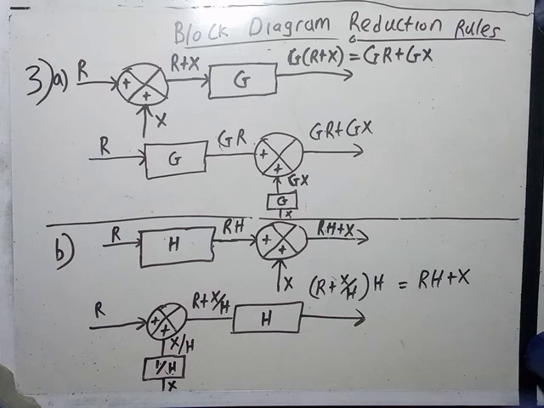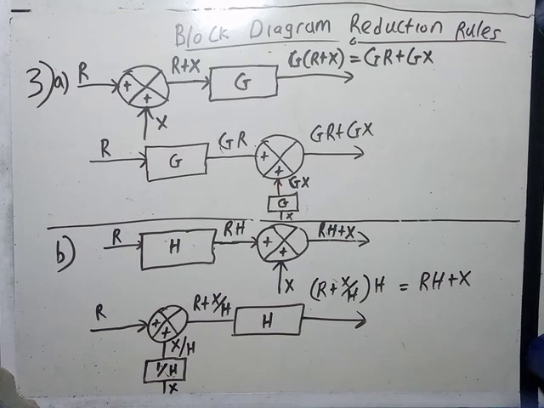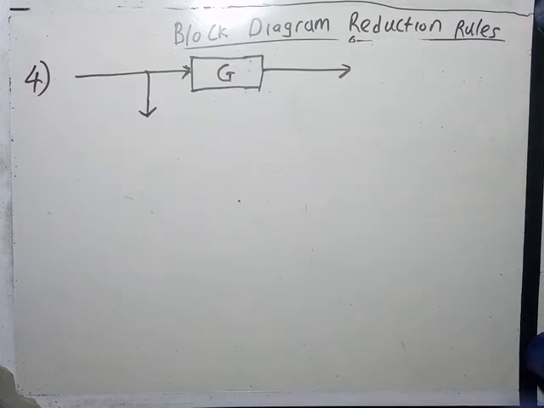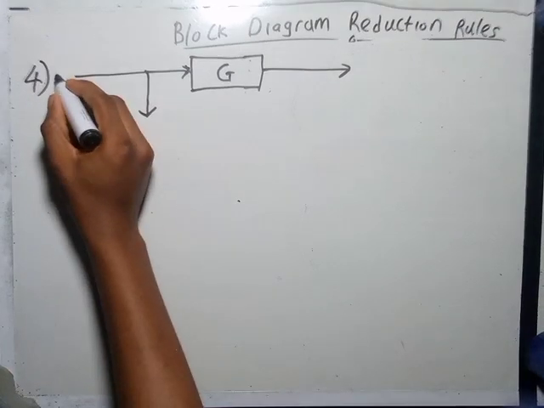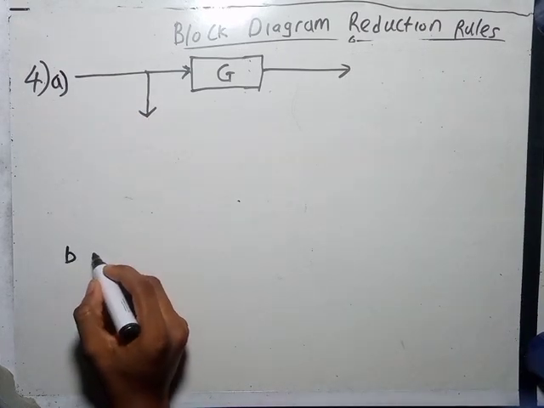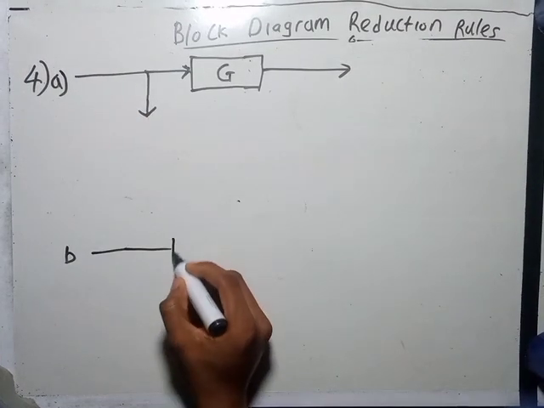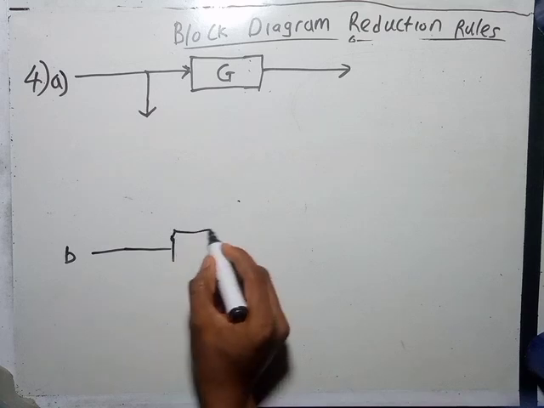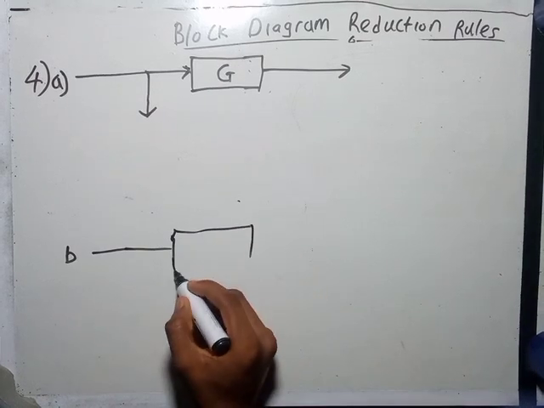Now the next one we'll be looking at is our branch points. For our branching points, we have the first case, and we're also going to be having the second case, where our branch point is in front and we want to move it behind.